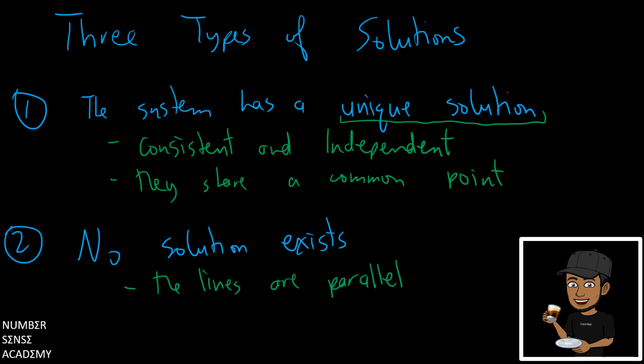So if the lines are parallel, that means they never intersect. So that's no solution exists. Okay, so you can't find a point where these two lines will meet because they never will meet.